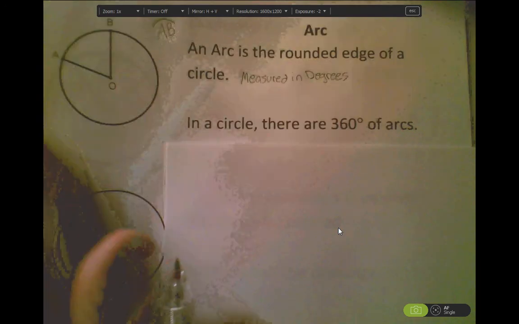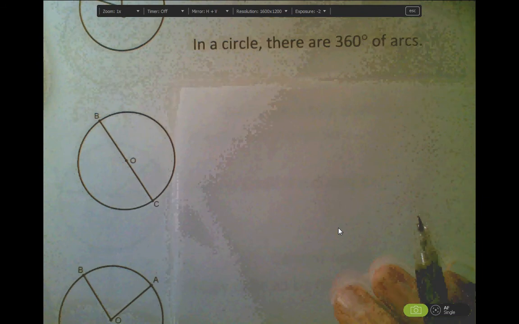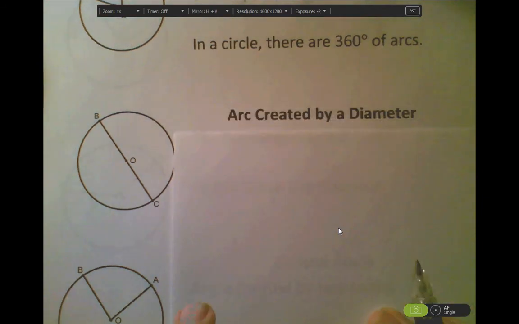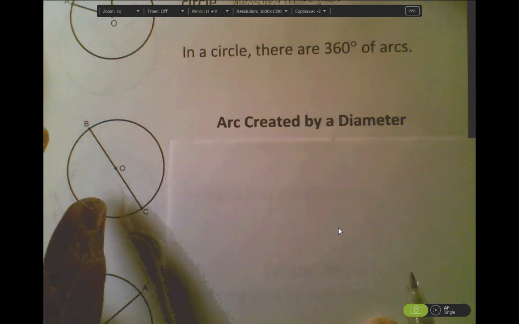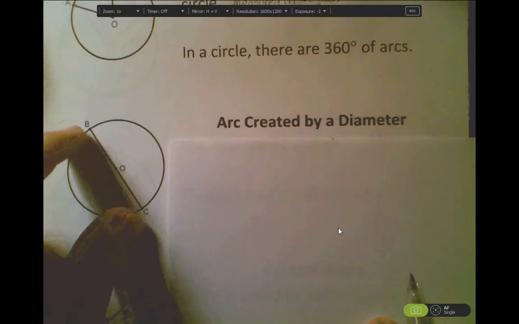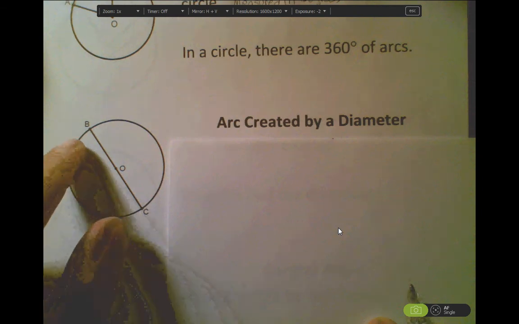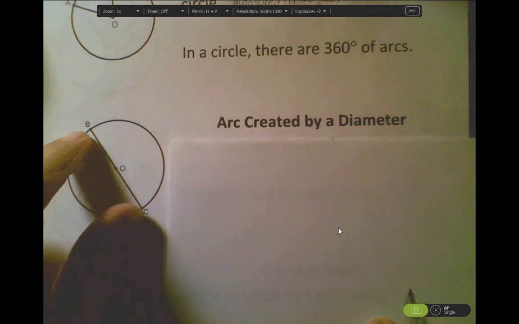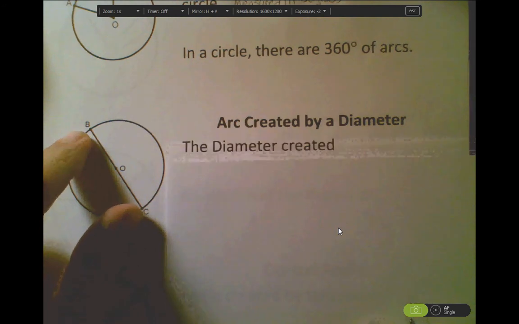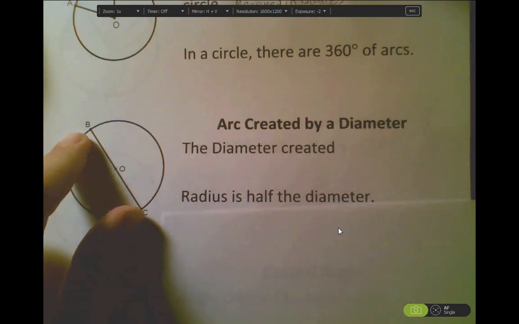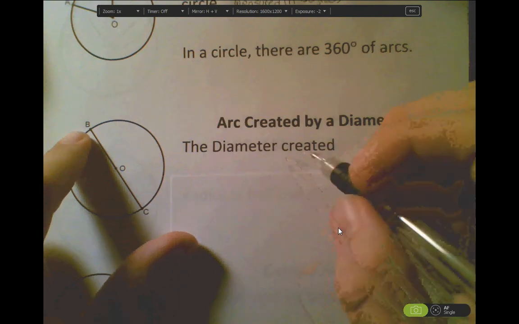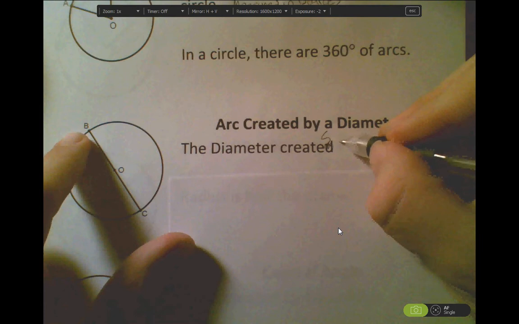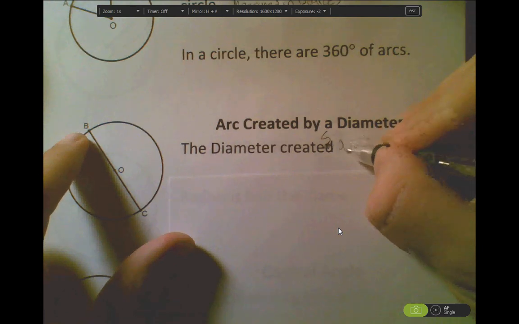Okay? Now, let's take a look at some theorems. The first one is the arc created by a diameter. And remember, a diameter is a chord that goes through the center of the circle. So BC cuts the circle in half. The diameter creates a semicircle.